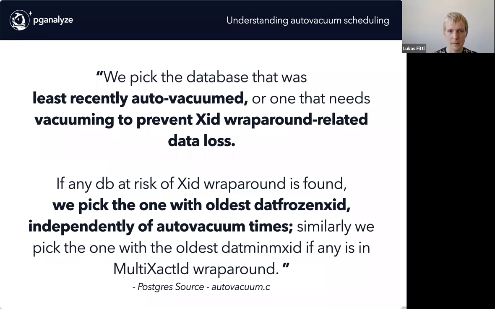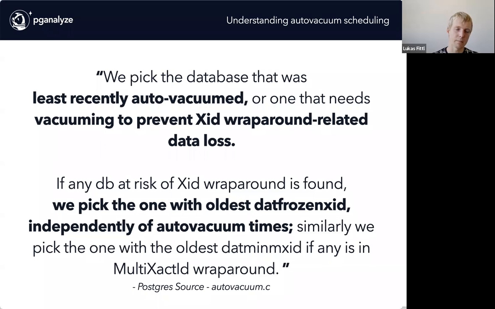Now, when we think about databases, which is kind of the first step in the process, Postgres looks at which of the databases was least recently Autovacuumed, right? So something that was Autovacuumed just now is less interesting. Or, if we need to vacuum a particular database to prevent transaction ID wraparound related data loss, is how the documentation calls it here. So this means that Postgres in general will try to not vacuum the same database all the time.